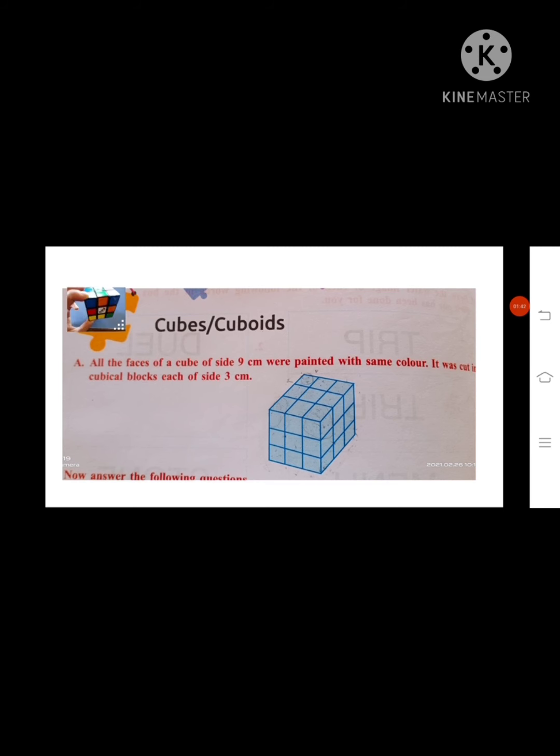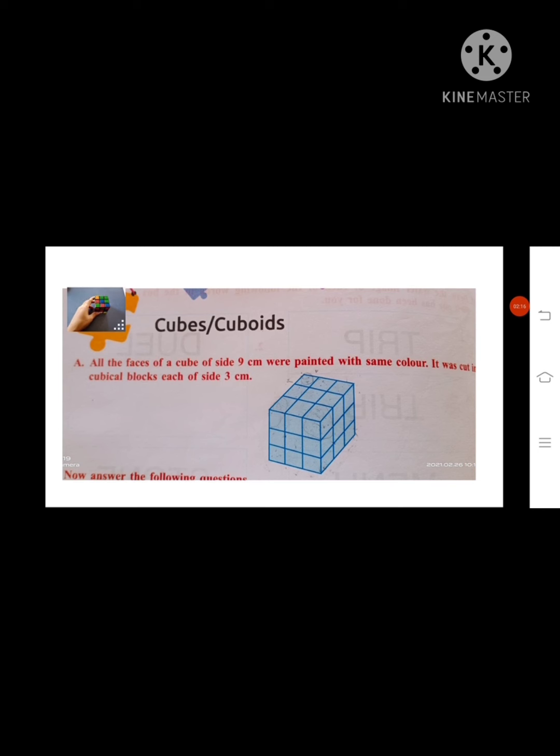And these are cubical blocks. Here, how many sides are there for one cube? We can see 1, 2, 3, 4, 5, and downside 6. At this place, downside, this is the 6th one.